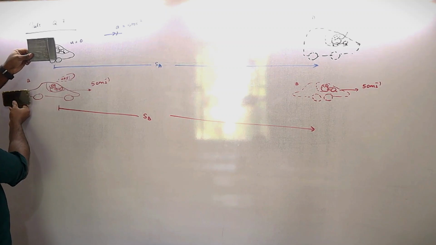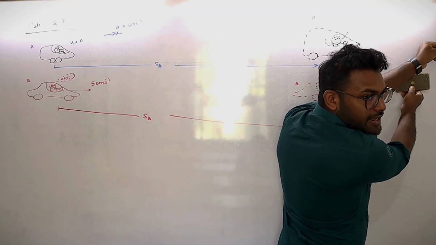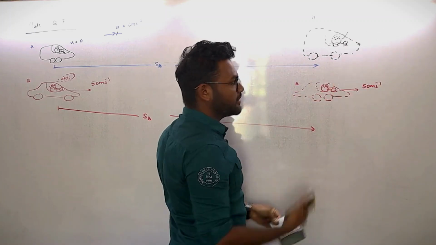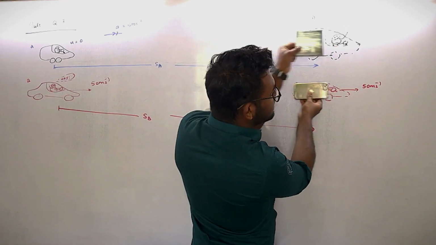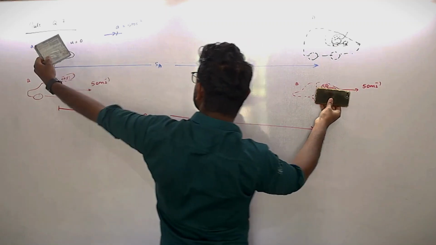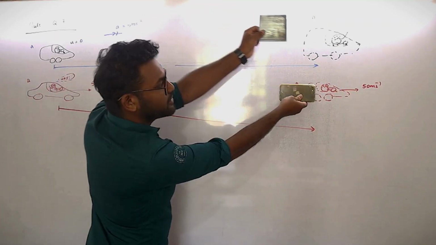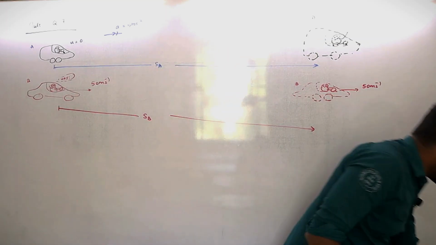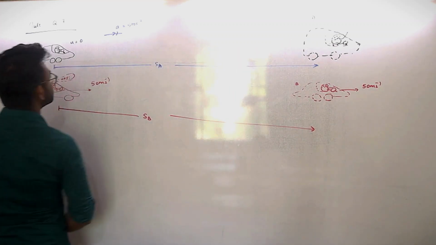So A is starting to move with the acceleration while the B moves. But eventually, the A can catch the B somewhere in a forward motion, right? So if the A is passing the B, that means at the moment the A passes the B, the displacement traveled by the A up to there and the displacement traveled by the B up to there has to be equal. So here one is moving with that acceleration while the other one is moving with the constant velocity.